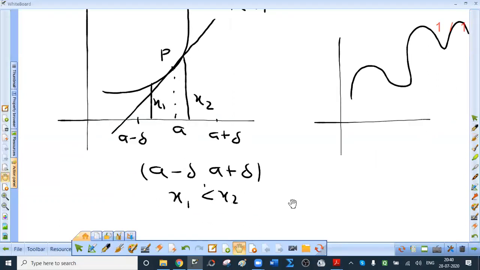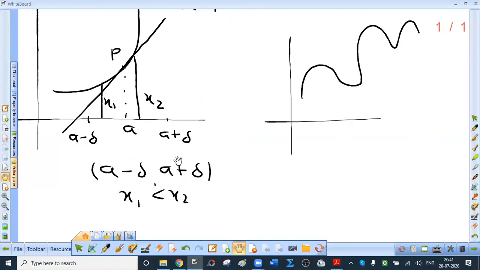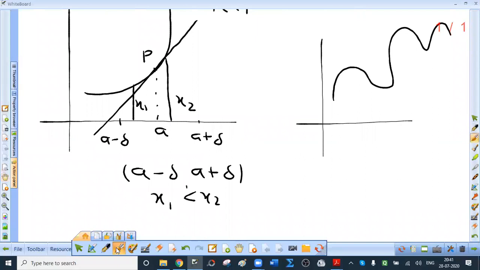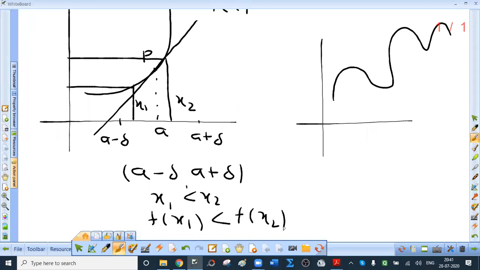Now tell me, what about f of x1 and f of x2? See, f of x is value of the function. For that, you have to consider projection on y-axis. So you will notice that f of x2 is greater than f of x1. In other words, f of x1 is less than f of x2.